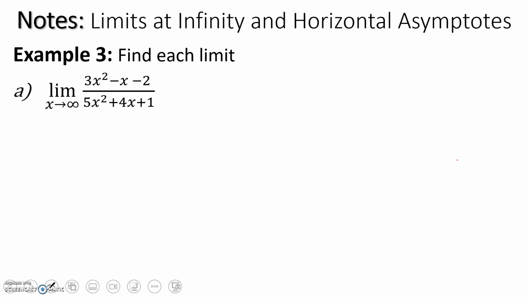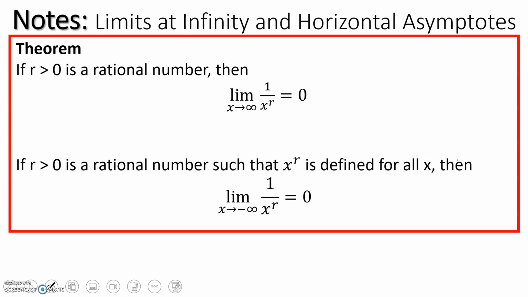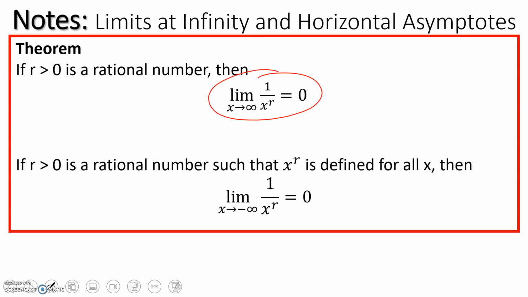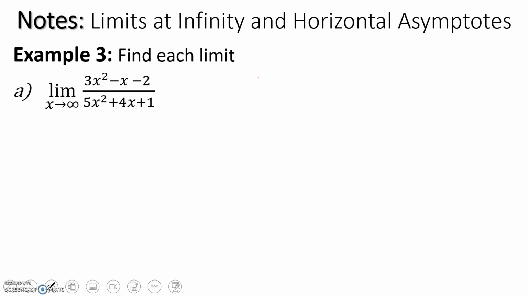Now looking at this directly, it doesn't look exactly like this. So what our goal is here is to turn this problem into this idea. So what I'm going to do mathematically is I'm going to divide every single term by the same value or the same expression. So what we do here is we divide everything by the largest degree term.